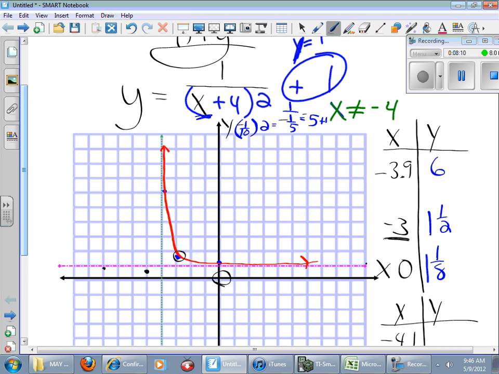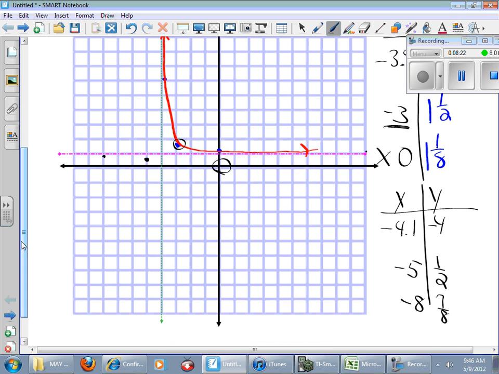Negative 5 plus 1 is negative 4, excuse me. So when I go to negative 4 and 1/10, I drop down to negative 4. 1, 2, 3, 4. There we go. And it should look pretty close to being perfectly symmetrical.